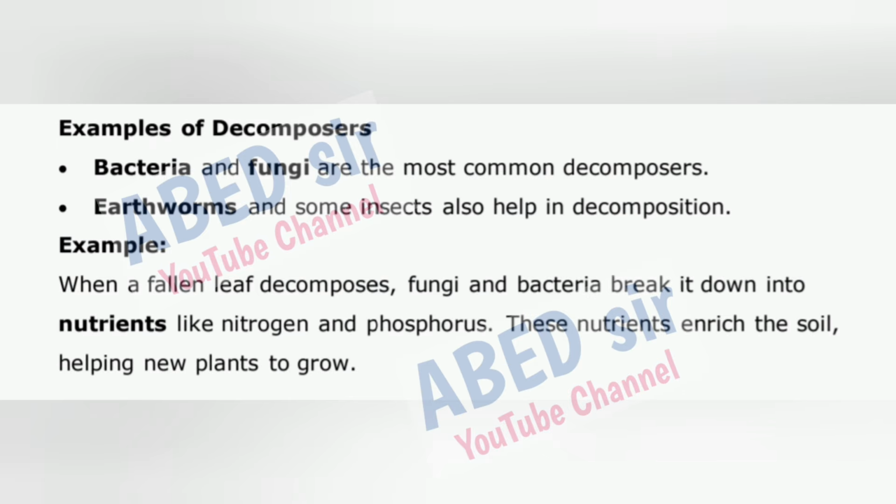Examples of decomposers. Bacteria and fungi are the most common decomposers. Earthworms and some insects also help in decomposition. Example: when a fallen leaf decomposes, fungi and bacteria break it down into nutrients like nitrogen and phosphorus. These nutrients enrich the soil, helping new plants to grow.